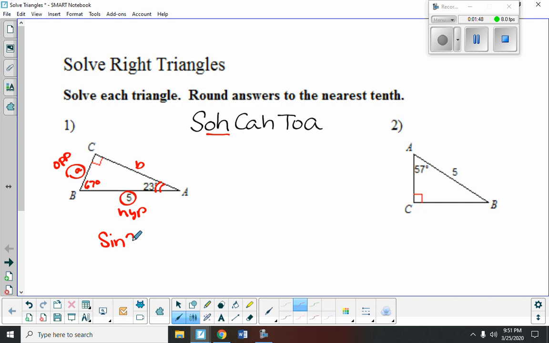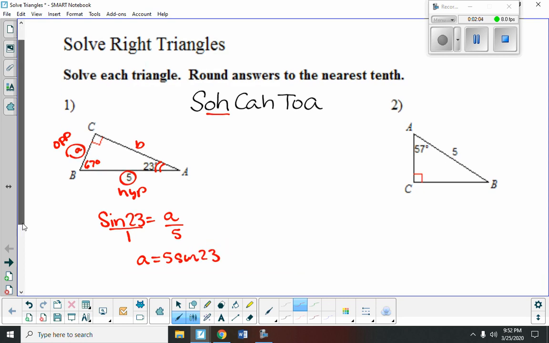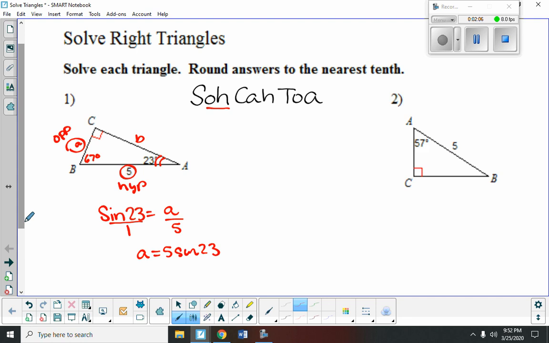The sine of 23 is equal to the opposite, A, over the hypotenuse, which is 5. And to solve that, we cross multiply. So A times 1 equals 5 times the sine of 23. So 5 sine of 23 is equal to 1.95.